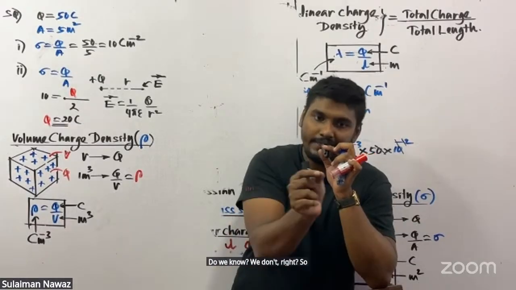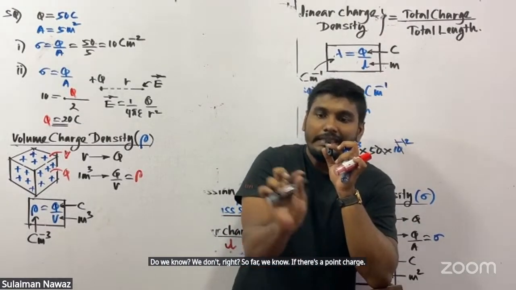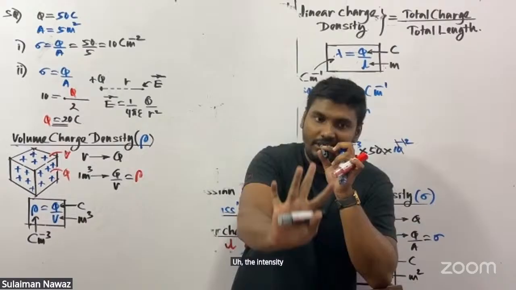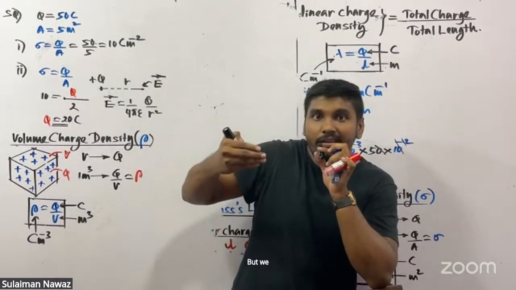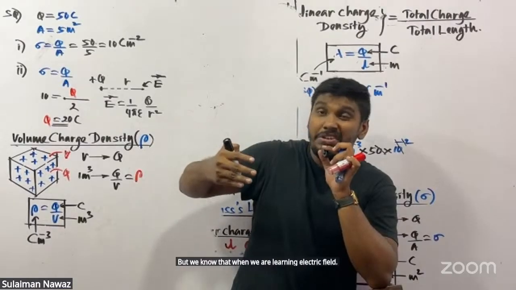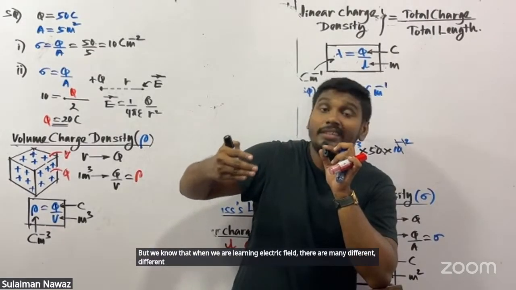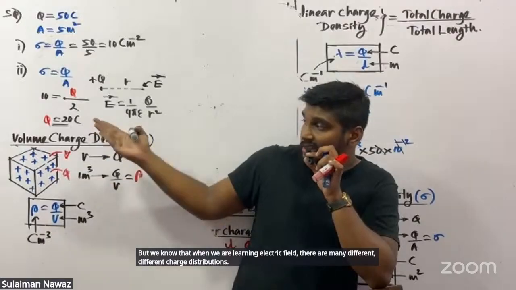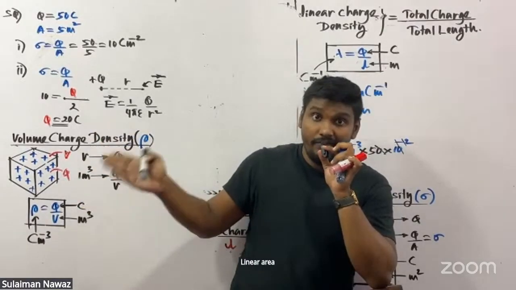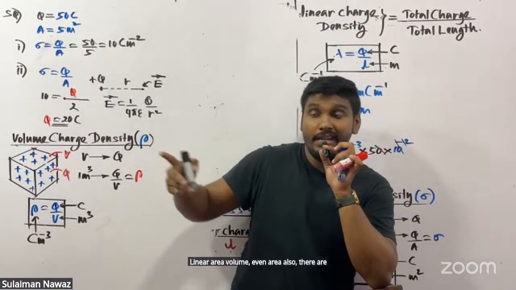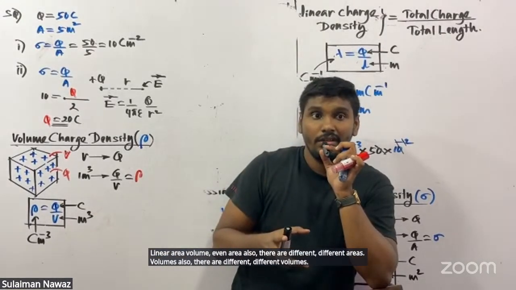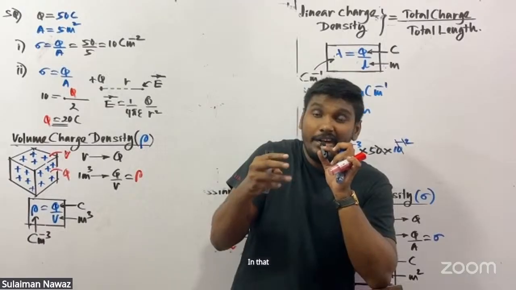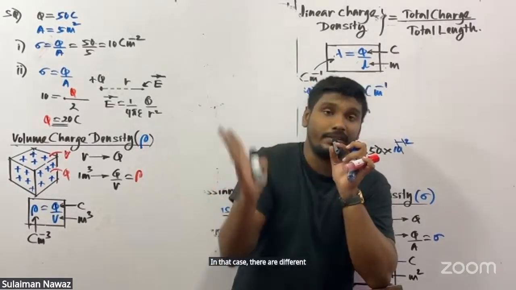So far we know that if there's a point charge, the intensity is given by this equation. But when we learn electric field, there are many different charge distributions: linear, area, volume. Even areas can be different, and volumes can be different.